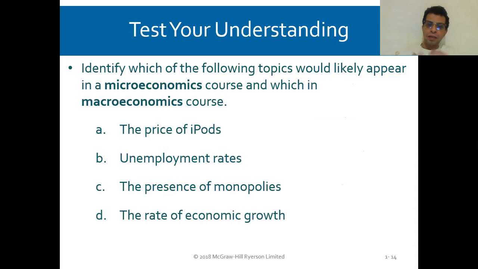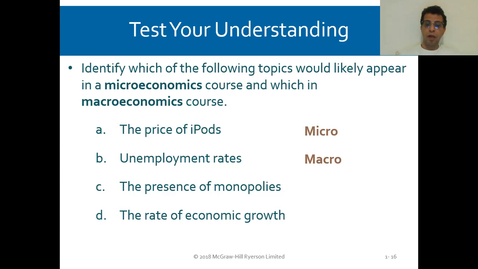Now, let's test our understanding. Identify which of the following topics will likely be in a microeconomics course and which in the macro course. The price of iPods, for example, will be in micro because we're talking about a product here. The unemployment rate, once again, will be macro because we're talking about the whole country.